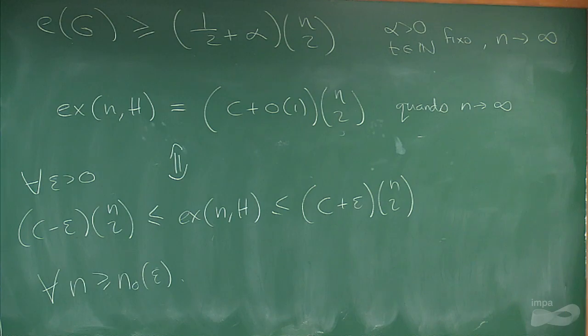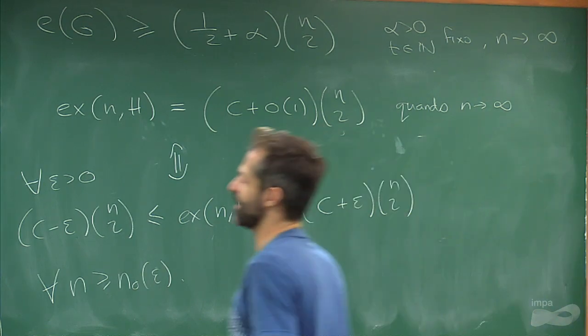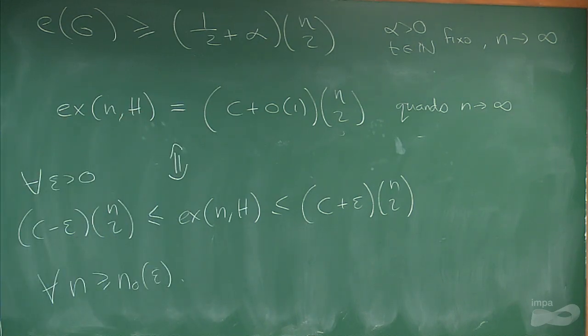For general r, you do exactly the same thing, except instead of finding a K_{q,q}, you find an r minus 1 partite Turan graph with each part of size q, and instead of counting pairs like this, you count things like that.